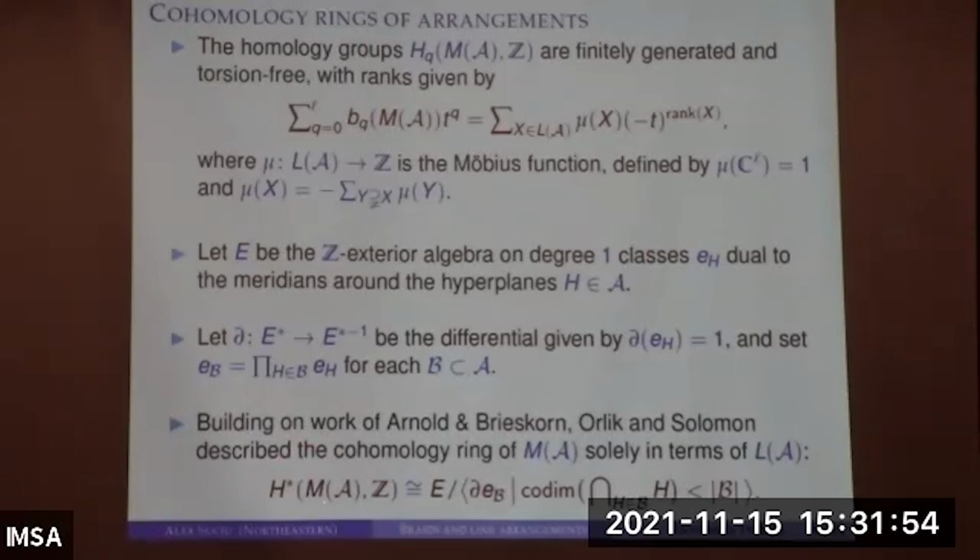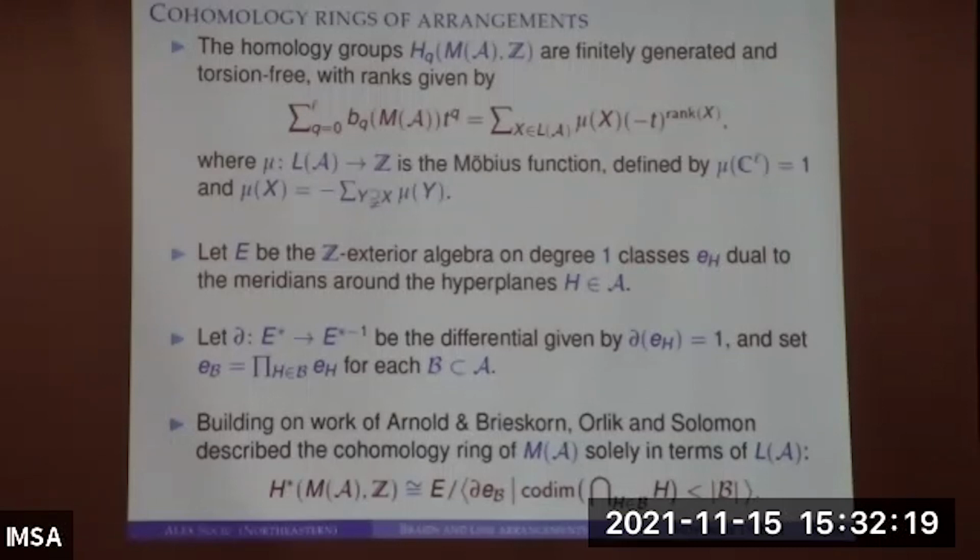So, namely, the cohomology ring with integer coefficients is the exterior algebra generated by the degree 1 classes, each dual to the meridians around the hyperplanes. We just talked about these meridian curves, where they transversely intersect the hyperplanes and go around in circles there, with a base point.